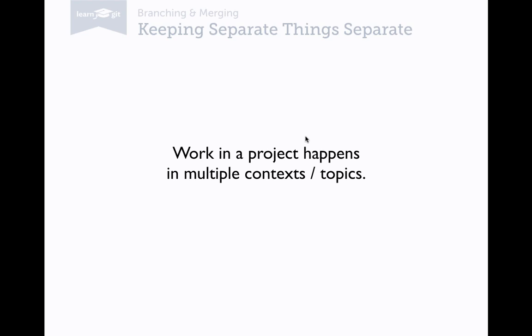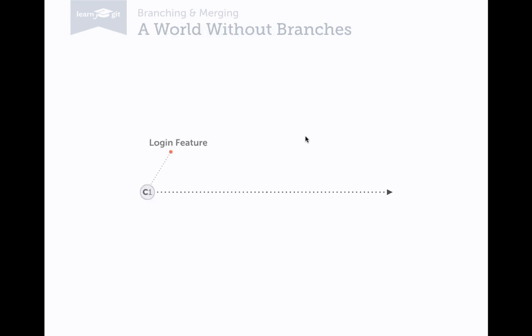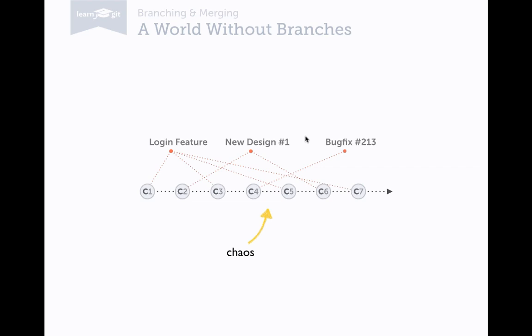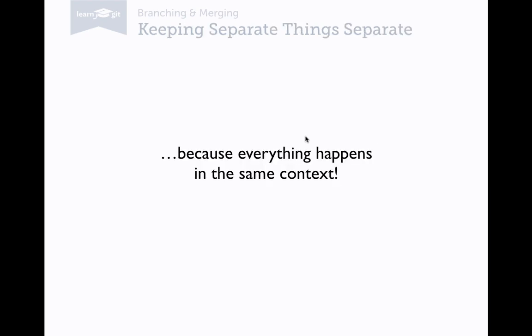So he has to switch contexts. In a world without branches, this is what happens. Everything is thrown into the same context, and this is a recipe for chaos. I deliberately left those little red lines in there because it looks chaotic, and it is. So, because everything happens in that same context.